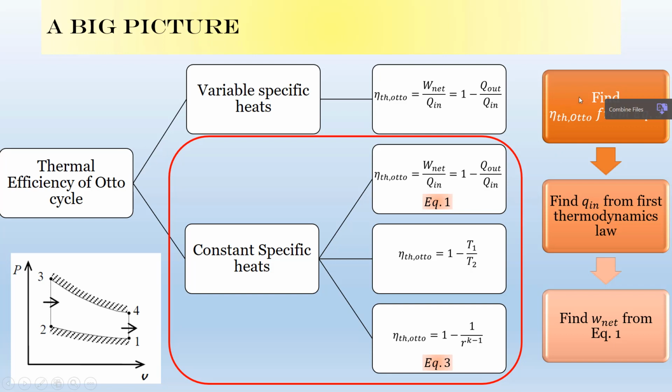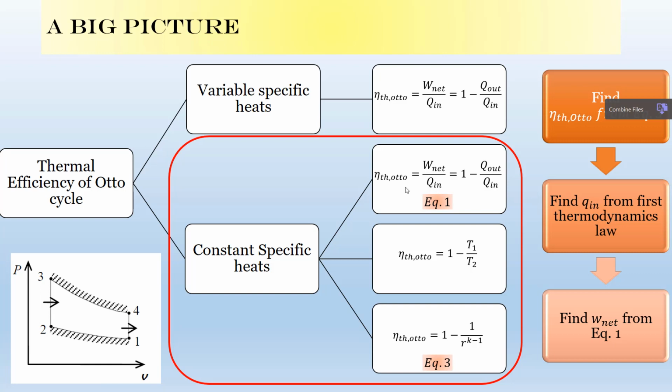So again, guys, you need to find the thermal efficiency from equation 3. Then you can find the Q in from the first thermodynamic law, and then by using the first equation, you can find the W net.